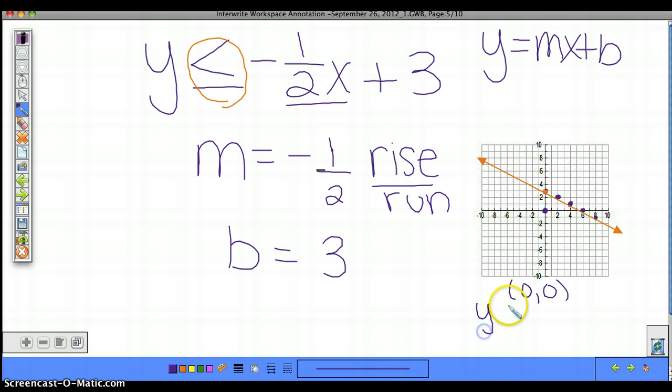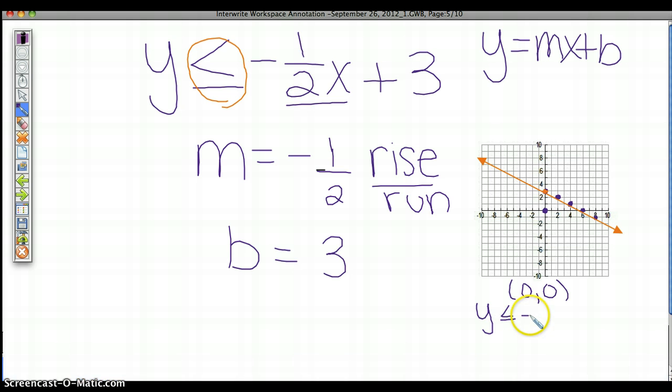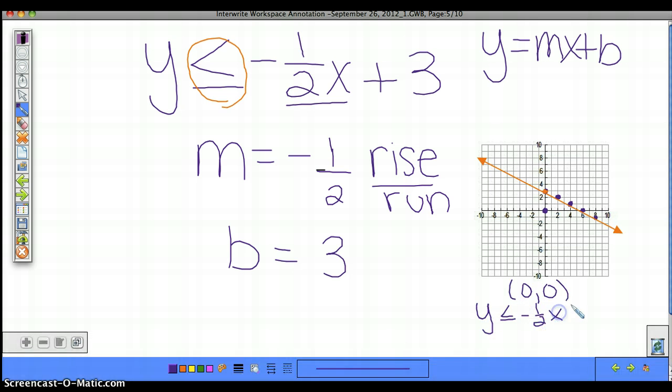So I'm going to plug this in to y is less than or equal to -1/2 x plus 3. I'm going to plug in 0 for both my x and my y. So this becomes 0 is less than or equal to -1/2 times 0 plus 3. This 0 here is just going to cancel this out.